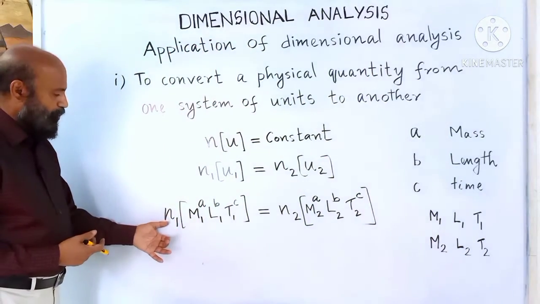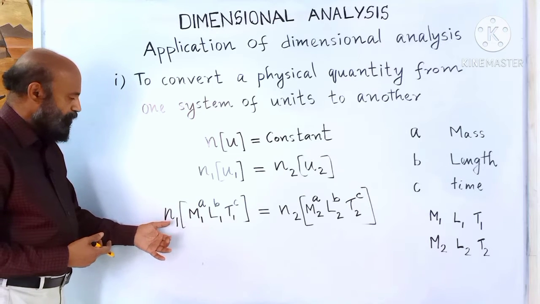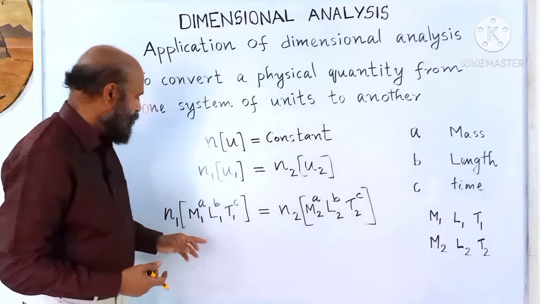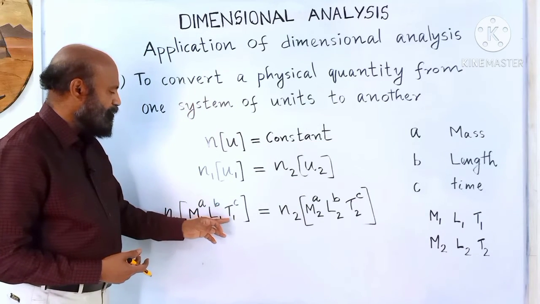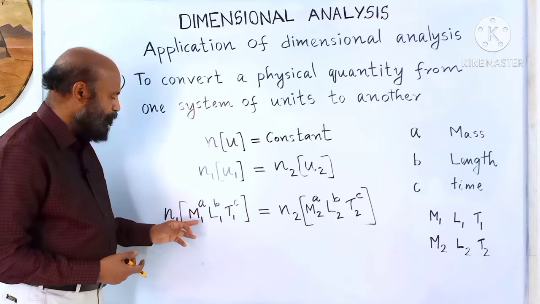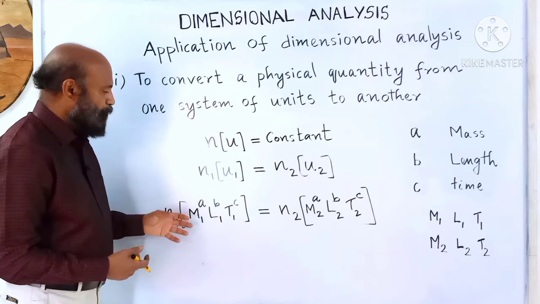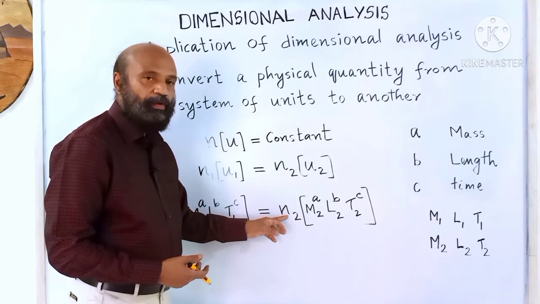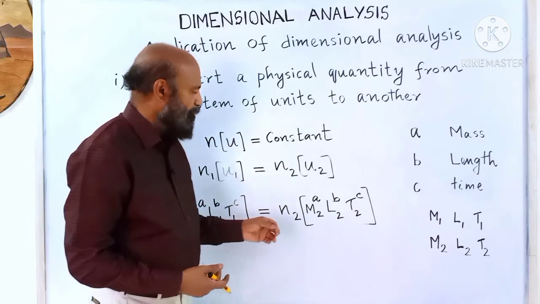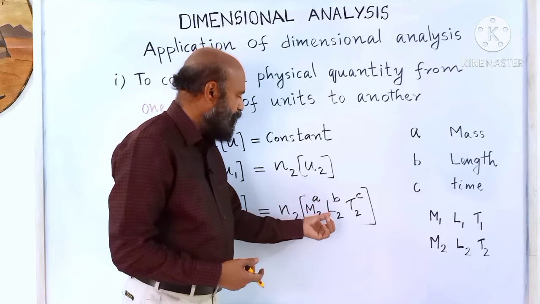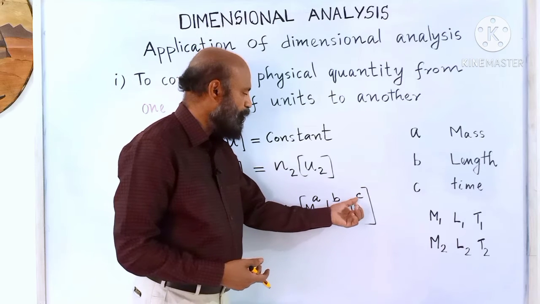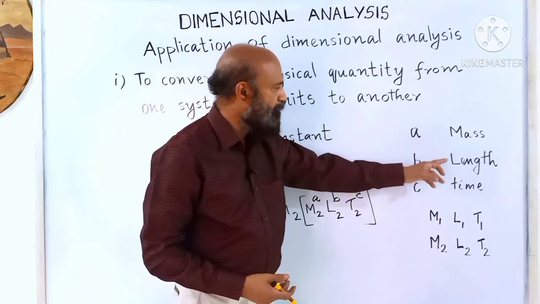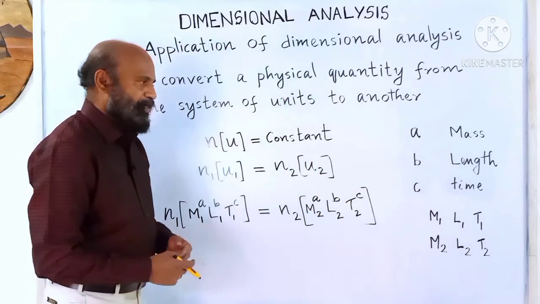Then n1, the numerical value in one system, times m1 raised to a, l1 raised to b, t1 raised to c, is equal to n2, the numerical value in the second system, times m2 raised to a, l2 raised to b, t2 raised to c, where a, b, c are the dimensions in mass, length, time respectively.